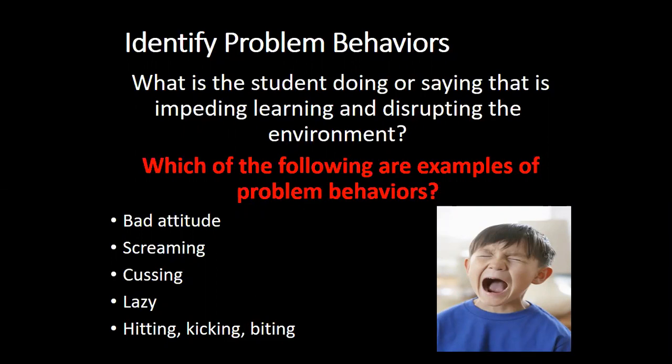You're right. Screaming, cussing, hitting, kicking, and biting are all observable and measurable behaviors. What's wrong with using the terms bad attitude or lazy? Bad attitude and lazy are not observable and measurable. They are also subjective to the person that is observing or naming those behaviors.